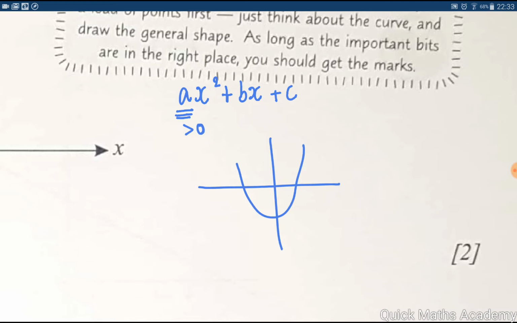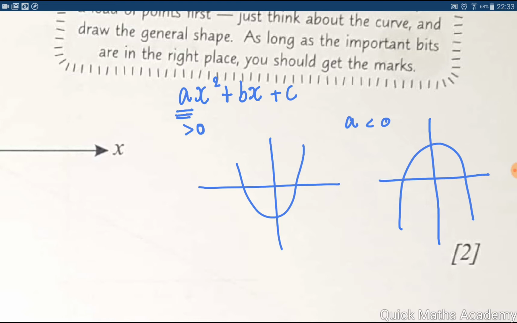I repeat, if my a is positive, my parabola will be facing the upside. My cup will be on the upside. Now, if my a is less than 0, my parabola will be facing the downside. So immediately I know by the value of my a what kind of parabola I would have.